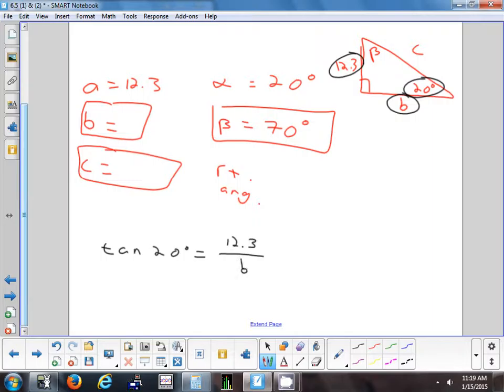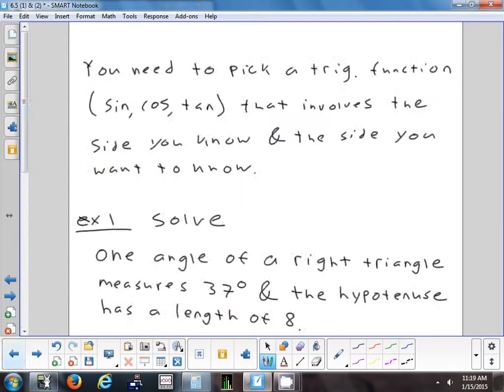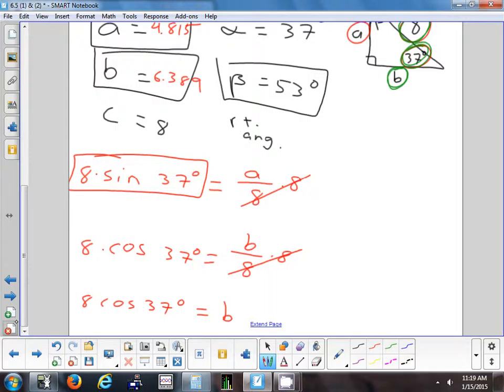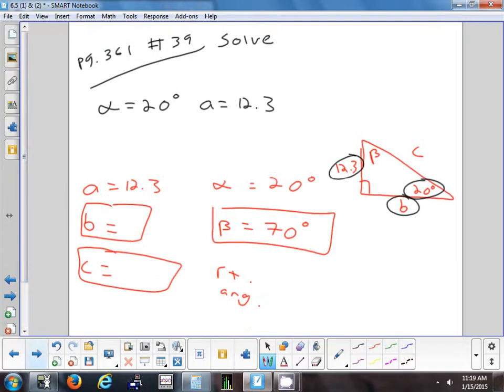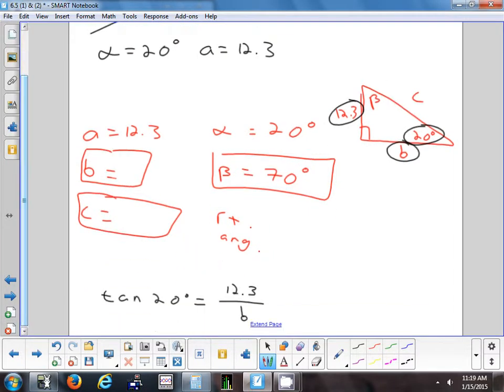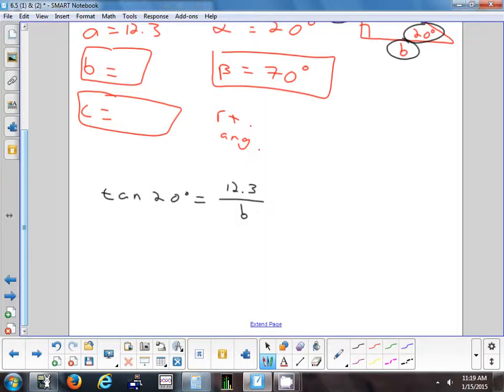Okay, what happens a little bit different this time is the variable isn't in the top of the fraction. It's in the bottom. Right, so the first thing I want to do is get rid of that fraction. So what could I multiply both sides by that would cancel out my denominator?